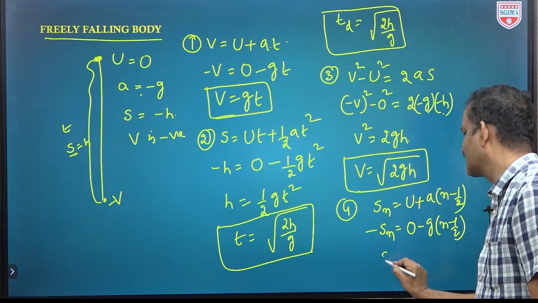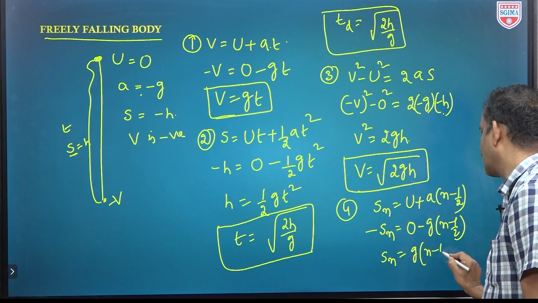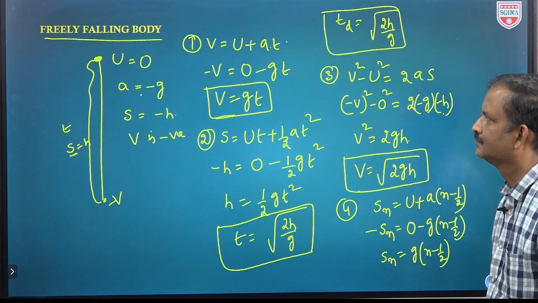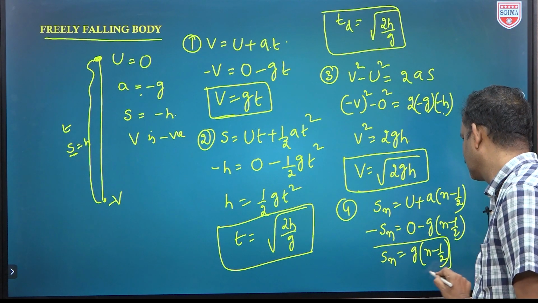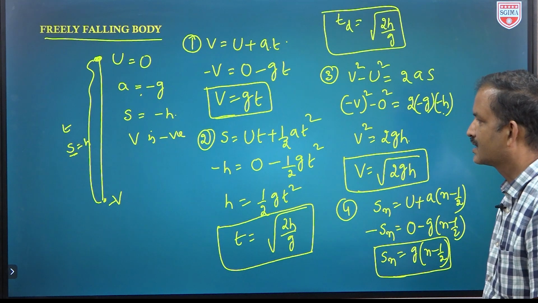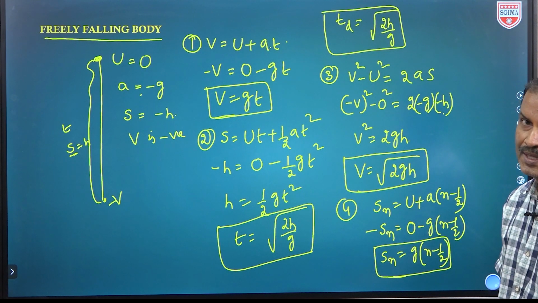Then you will get Sn is equal to g into (n minus half). This is the distance travelled in the nth second in case of a freely falling body.